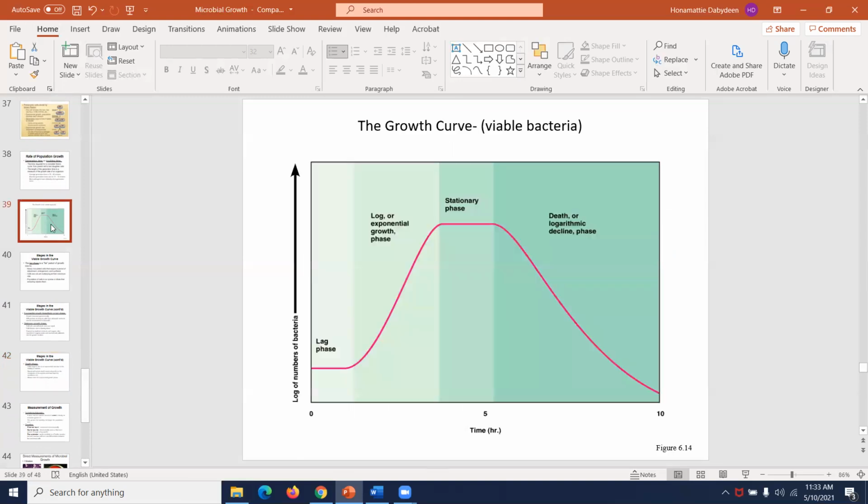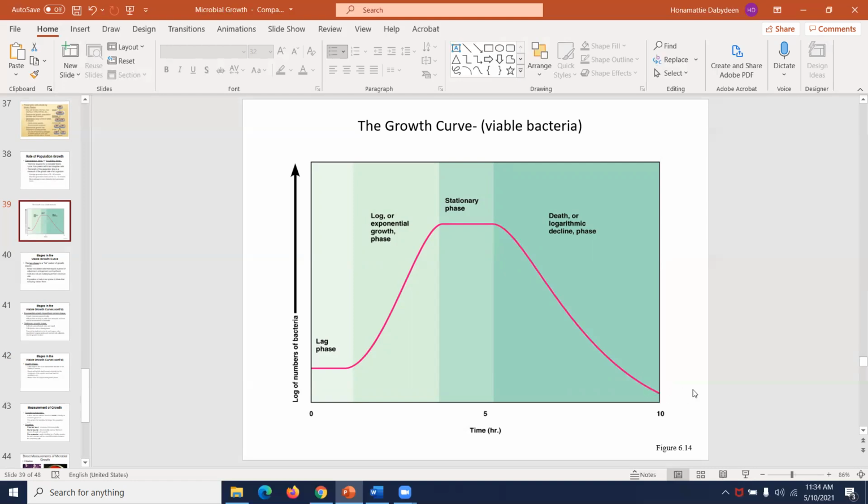And the death phase, if you look at it, seems very similar to, or opposite, I should say, to the logarithmic phase, where the organisms are dying off at a rapid rate. Organisms are dying off because of lack of food, accumulation of waste, and no space. Conditions are becoming very, very unfavorable, and organisms will die.